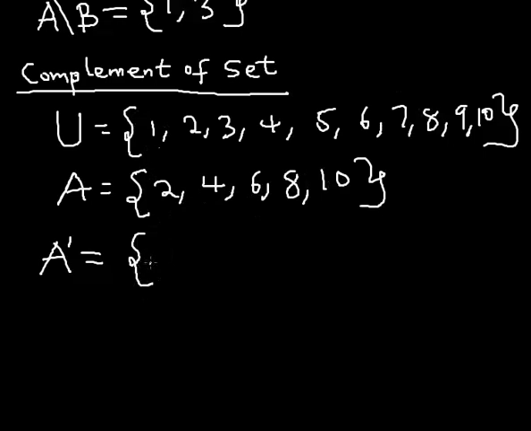So 1 is one of them, 2 is found in A, so 2 is not in the complement, 3 is not found in A. So invariably all the odd numbers, 1 3 5 7 and 9, become the complement of my set. So I hope that is well understood.